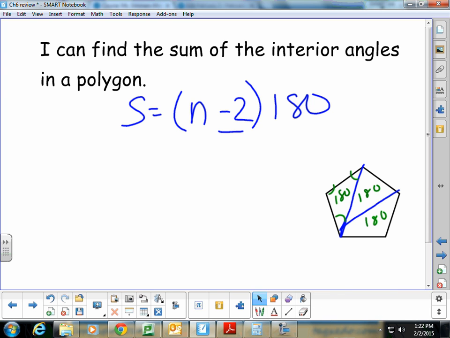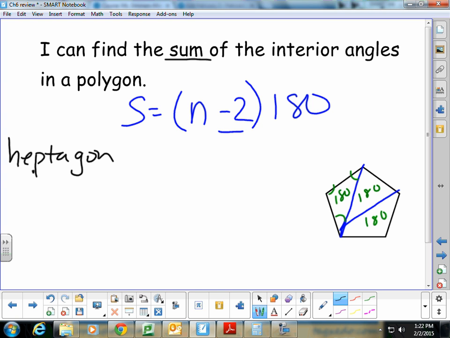So your study guide asked you to find the sum for a heptagon. Heptagon. So that is a 7-sided figure.